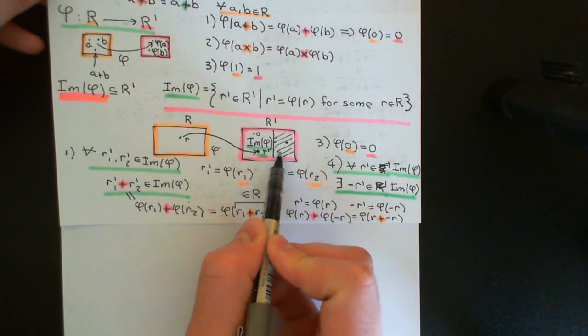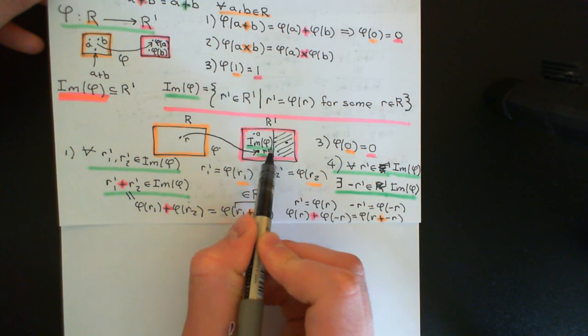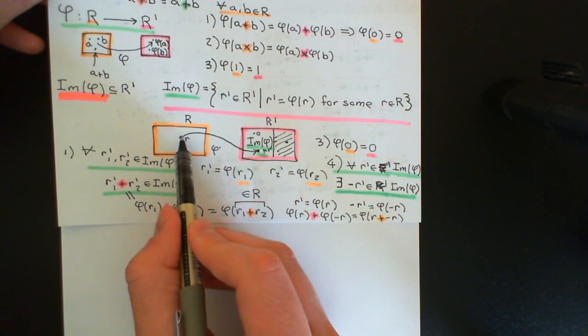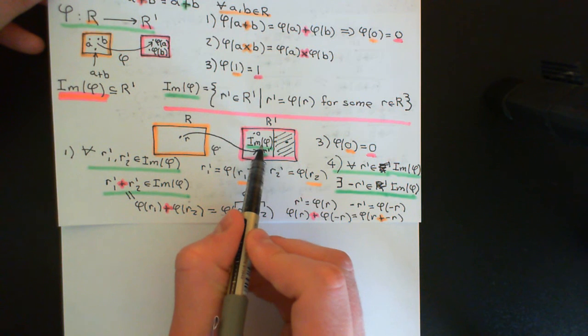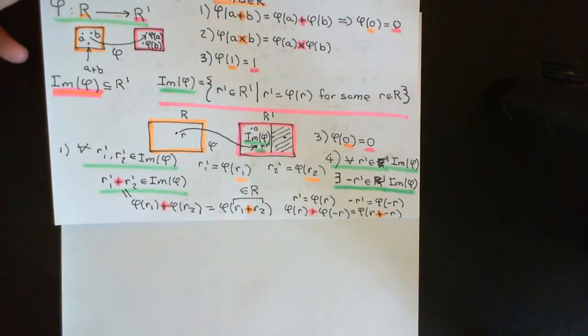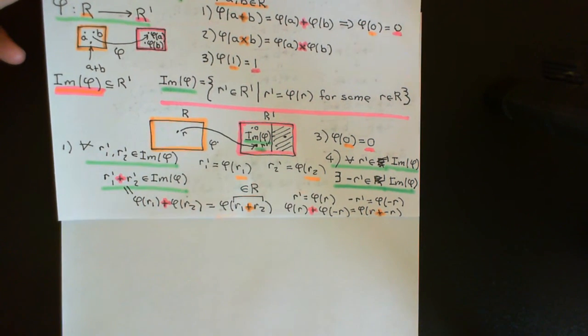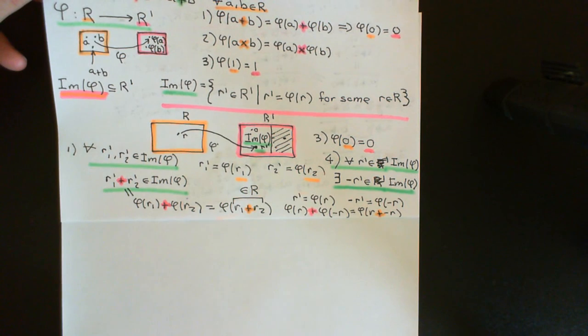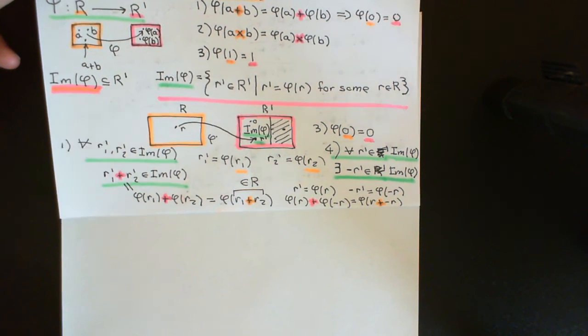If you do get rid of this portion, it's still a ring in its own right. Okay, so you can just think about it as a homomorphism from the domain ring here to the image of the homomorphism, and of course that will now be a surjective homomorphism. So you can reduce any non-surjective homomorphism into a surjective homomorphism by getting rid of the portion of the codomain ring that is outside of the image of the homomorphism.